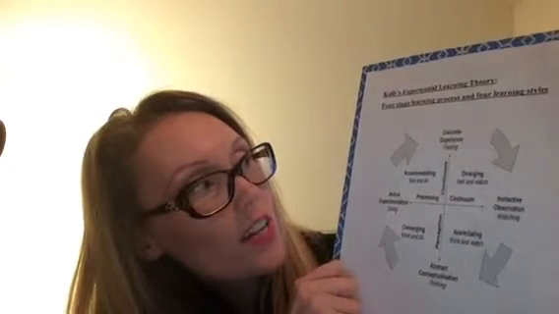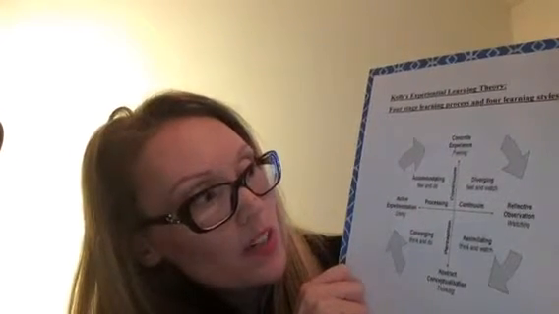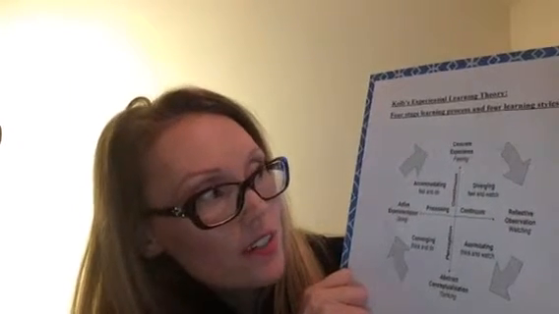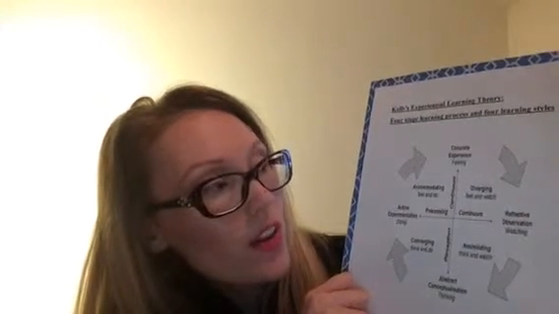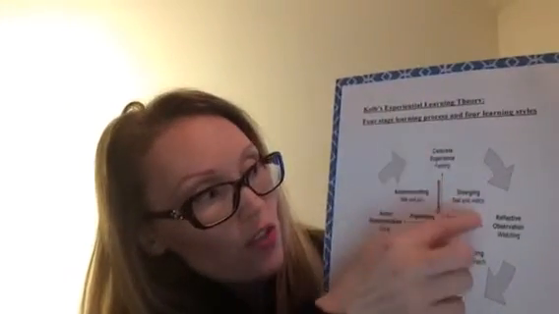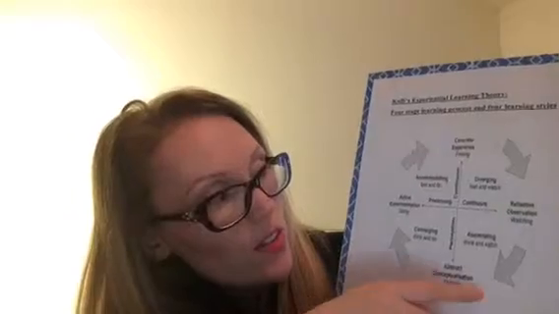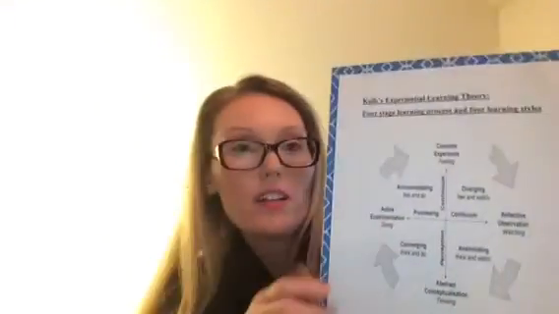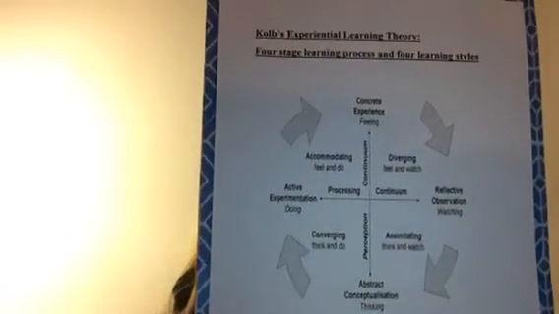A combination of concrete experience and reflective observation would be the diverging learning style. These people, their strength is feeling and watching. So it's a mixture of the two. The other styles are on here as well: assimilating, converging, and accommodating. So you can take a look at that a little bit further.